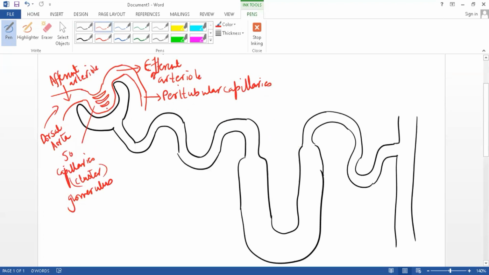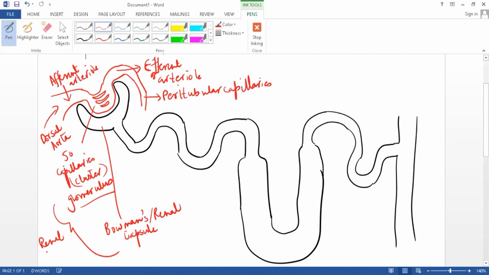Okay, so this glomerulus along with the Bowman's capsule or the renal capsule is together called renal corpuscle, and ultrafiltration takes place over here.